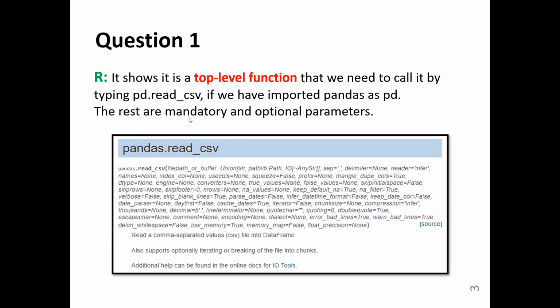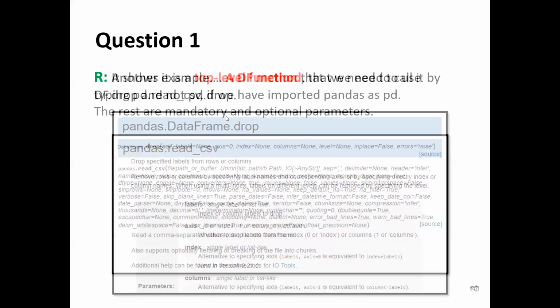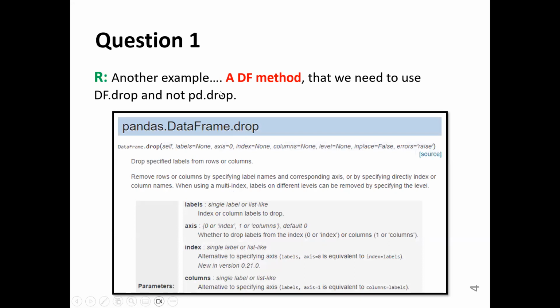If it belongs to pandas, it starts with PD or pandas dot something. They are top level functions. And look at this one. Please check data frame and drop. Can you please type that? Type data frame dot drop. So these are data frame methods or DF methods. Okay.